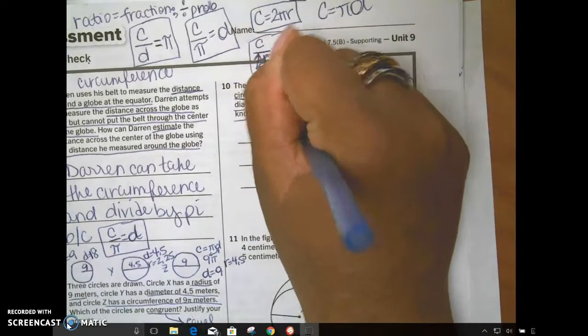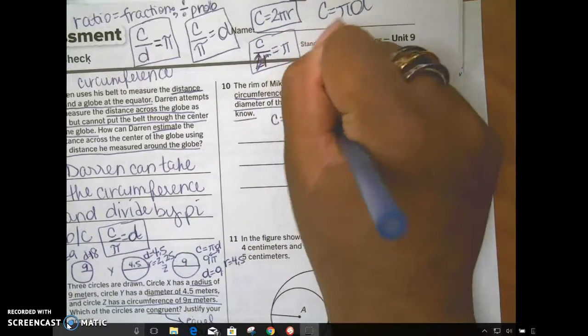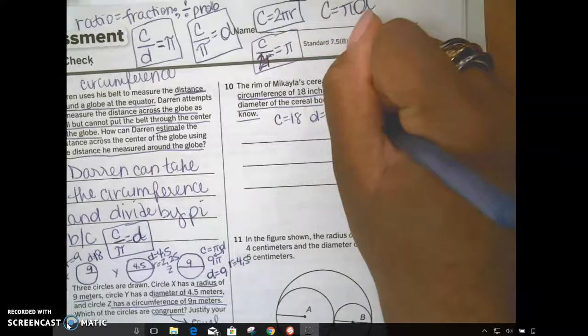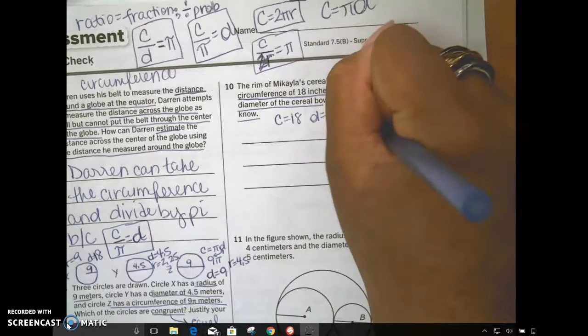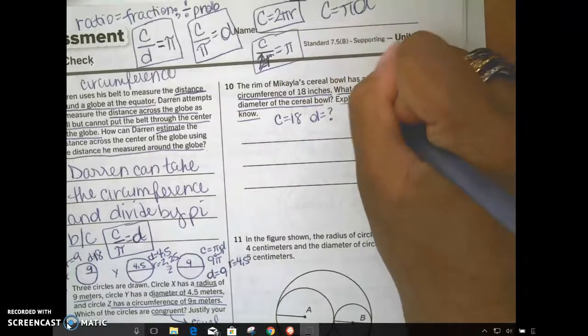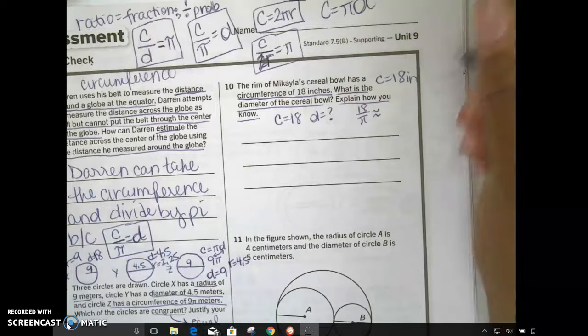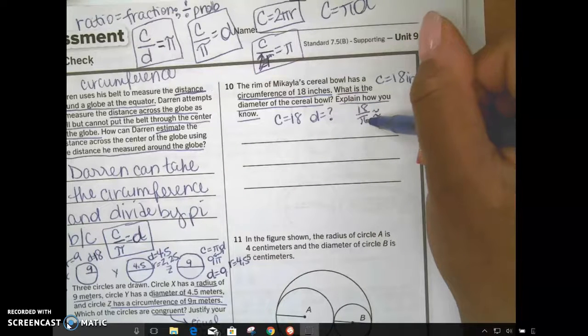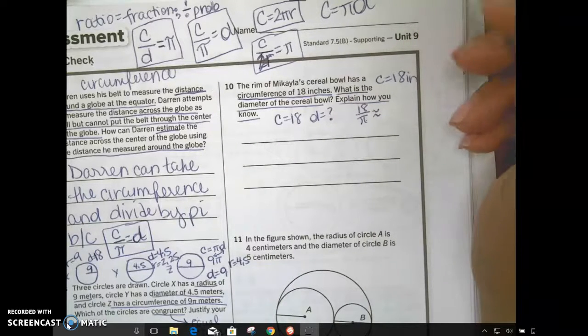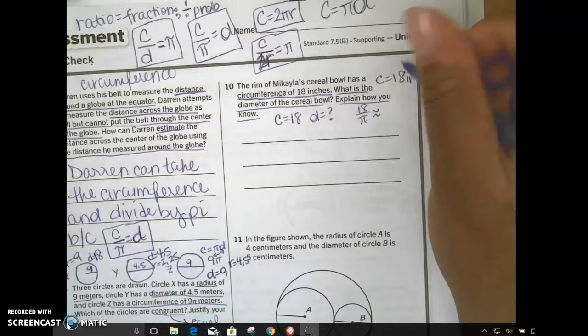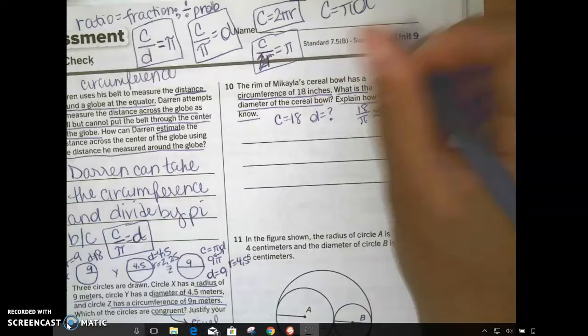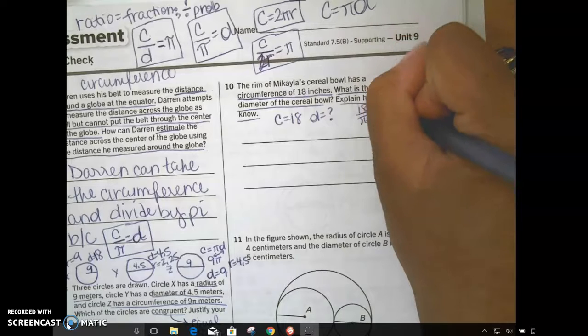Circumference is 18. Diameter is unknown. Take 18 and divide it by pi, which is about what? Do I want to use a decimal here? Dividing 18 by 3, first of all, 18 divided by 3 is 6.